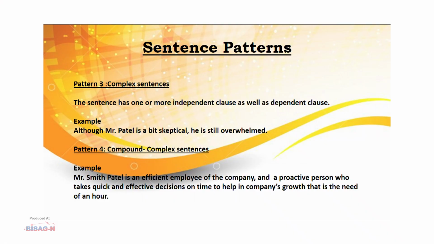Now let's look at the last sentence pattern on your screen, which is the compound and complex sentence. Now I'm going to give the example of the compound complex sentences because we have already explained what is a compound and what is a complex sentence. Compound sentence, we already said that it is the combination of two different independent sentences.